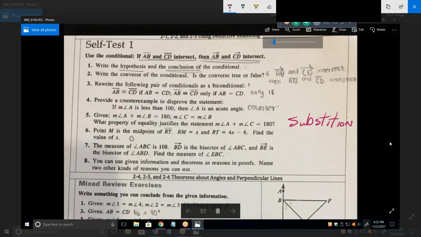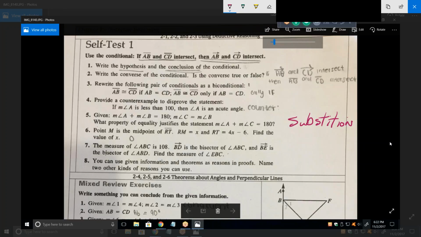There actually is a substitution property. Yeah. But it's also the transitive. The transitive says if A is equal to B and B is equal to C, then A is equal to C. And that's what we're looking at here, I believe. Which one are we on here? We're on number 5.